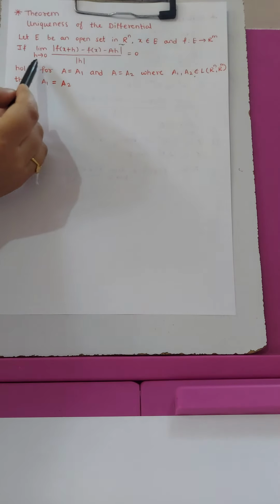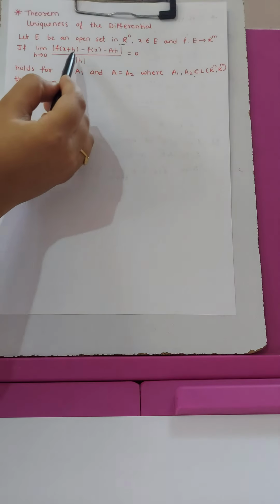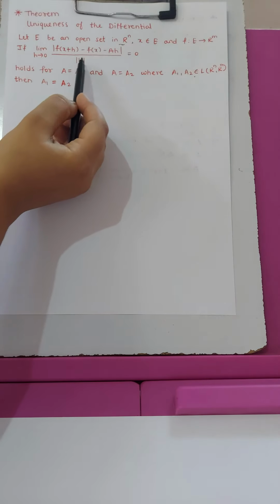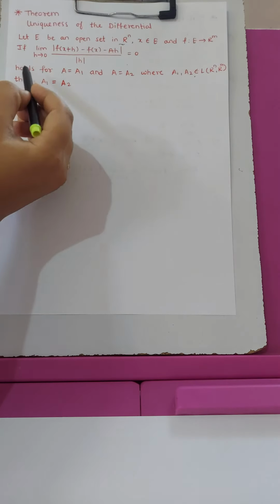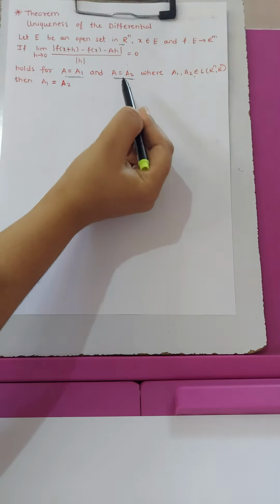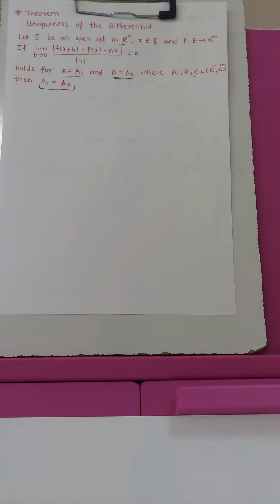If limit h tends to 0 of mod of f of x plus h minus f of x minus Ah upon mod h equals 0 holds for A equals A1 and A equals A2, where A1 and A2 are both linear transformations from Rn to Rm, then we have to prove that A1 is equal to A2.